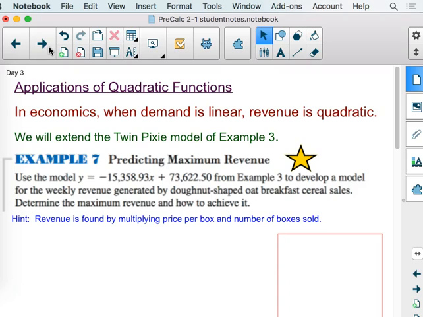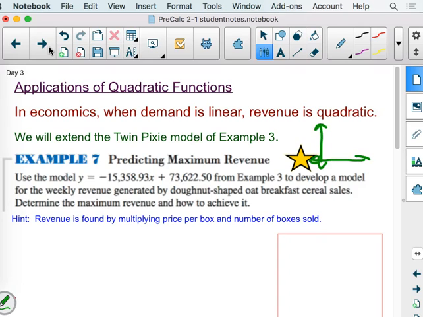And that's one of the things that happens with businesses when they try to figure out where should we be producing in order to make the most money. There's our quadratic that has to do with revenue. Now, why is that so significant? Because what a company tends to do is figure out where they can reduce their costs and where they can make the most profit.